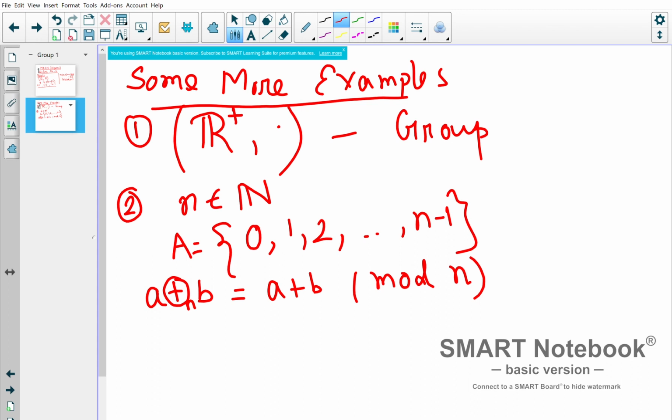This is obvious: this is a map from A cross A to A. And this map satisfies the associative property, because it comes from the associativity of addition. Also the identity is 0. These elements we generally write with the bar notation: 0 bar, 1 bar, 2 bar, and then n minus 1 bar.